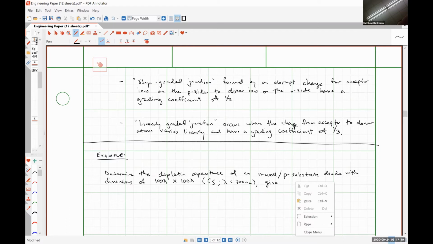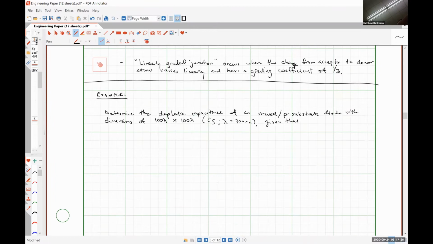Given that the substrate doping is 10 to the 16 per cubic centimeter, and the well doping is 10 to the 17 atoms per cubic centimeter.